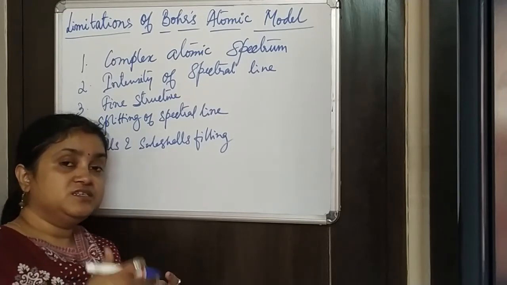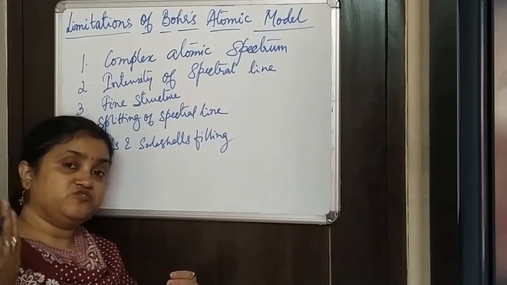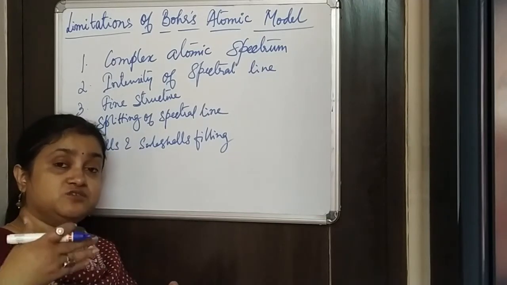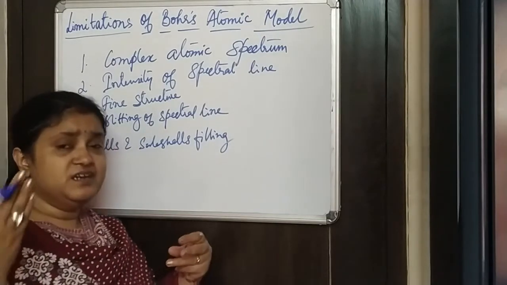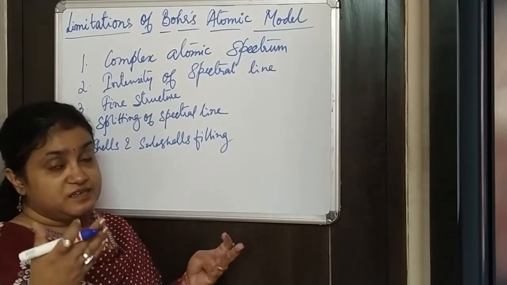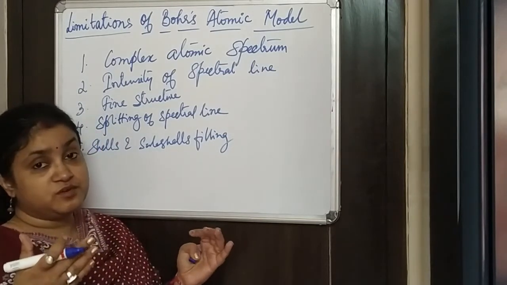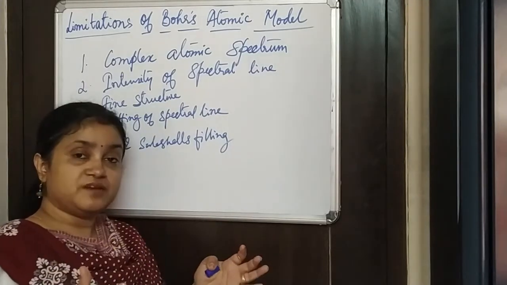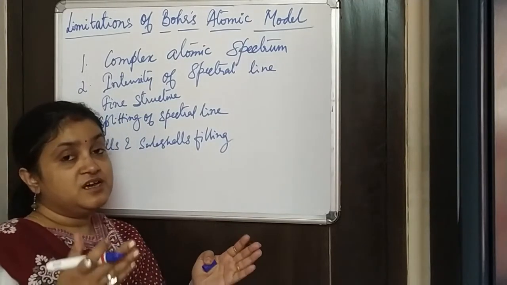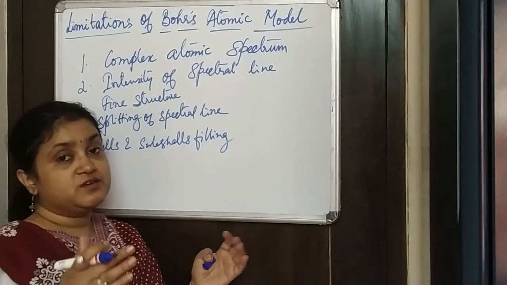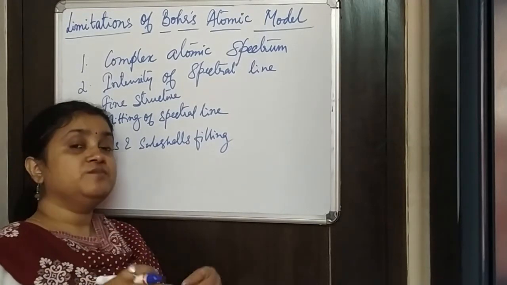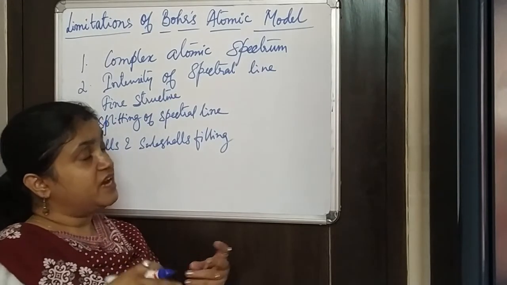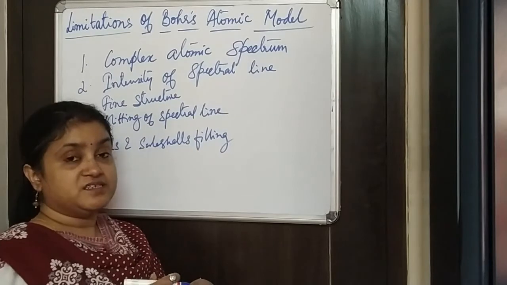Bohr's model showed just a particular jumping of an electron from one orbit to another orbit. But as we moved into the complex higher-level elements, it was not possible to explain why things were happening. There were certain spectral lines and certain spectrum that cannot be explained just by Bohr's three postulates. Therefore, we had to look for different atomic models.